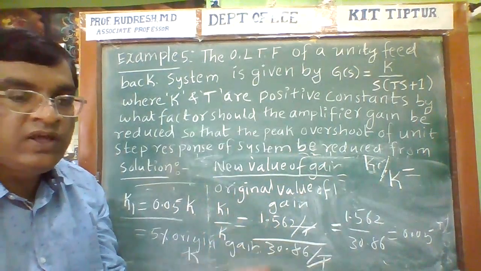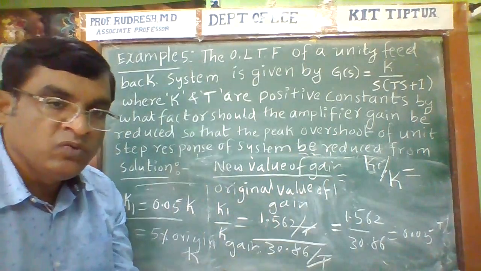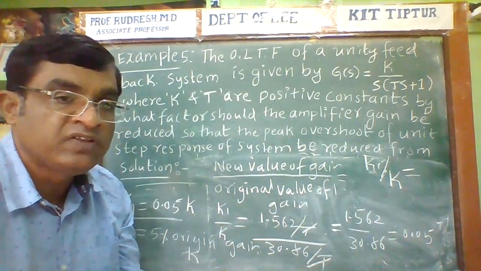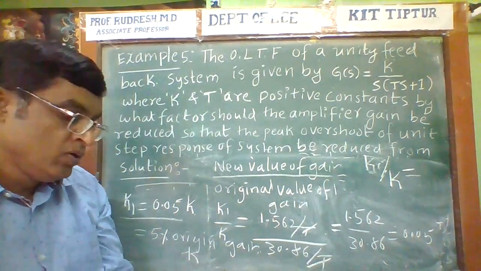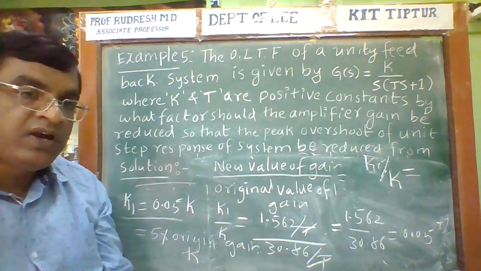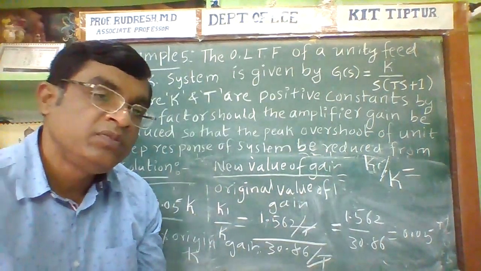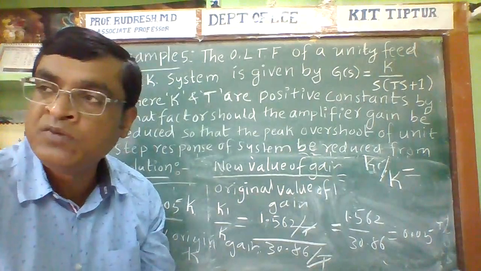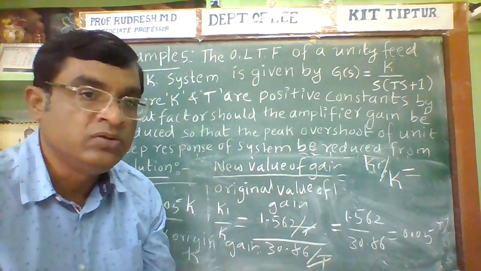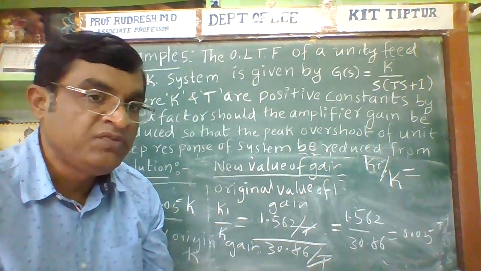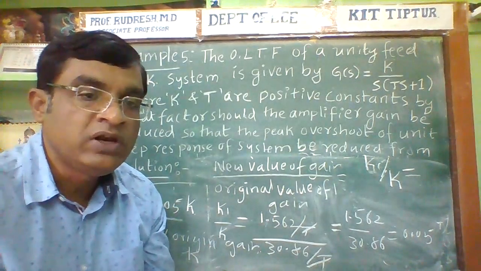Therefore, the gain of the amplifier is reduced by 95% of the original gain.